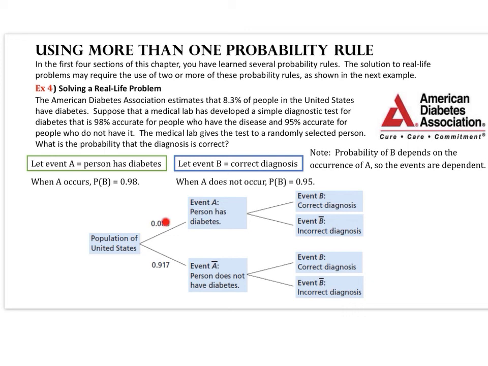Again, the complement would be to subtract this value from 1, and that will get you the 0.917. Next branch, correct diagnosis is 0.98, again given in the text. So the complement of 0.98 would be 0.02. And then our value for correct diagnosis was 0.95, also given in the text right here. And the complement would be 0.05.